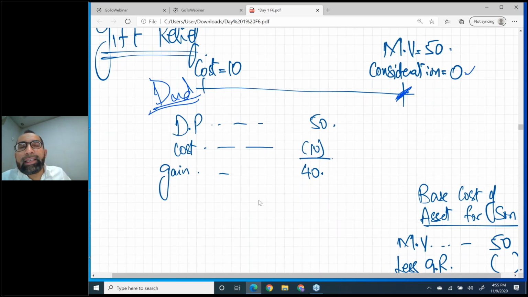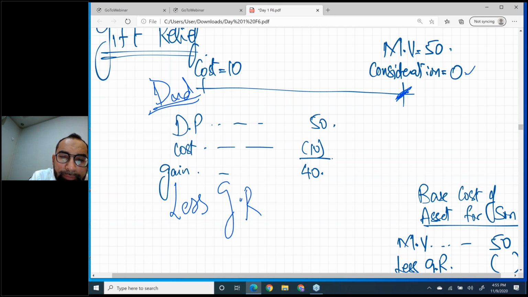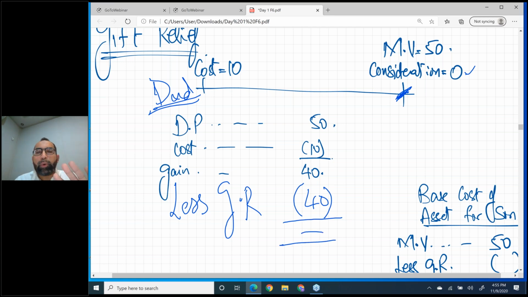Now let us say dad and son elected to defer the gain through gift relief. Yes, they can claim gift relief because let us say this is a business asset. So right now you will deduct the gift relief, writing GR 40. So there will be no tax on dad, but in future the son will be responsible for the tax.